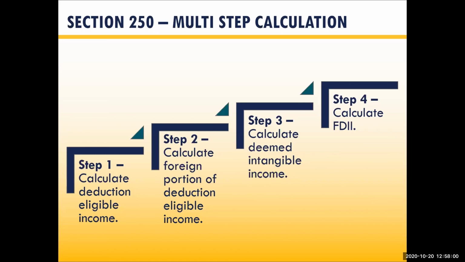And you take your net basis in those assets, multiply that by 10%, and subtract that off your deduction eligible income. And then once you get that, you calculate your FDII amount, which gives you your deduction amount that you can take on your tax return, which is primarily related to your export sales.